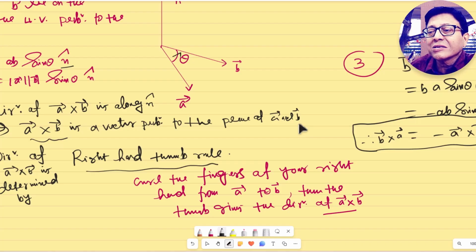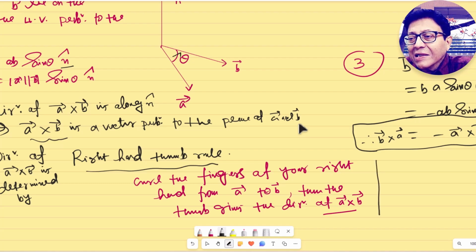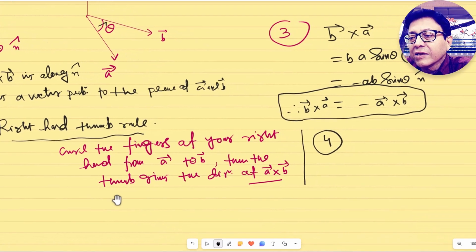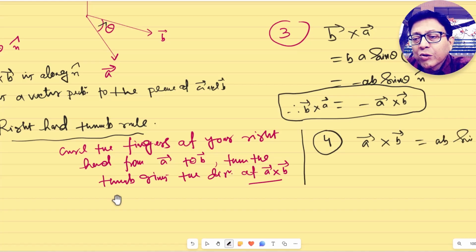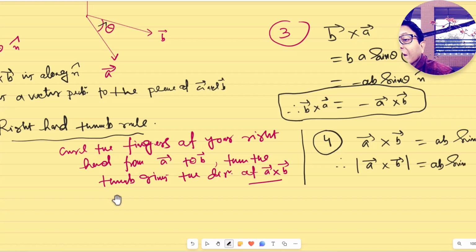So B cross A will be AB sin theta times minus n cap. So this is nothing but minus AB sin theta n cap. This is nothing but minus A cross B. So we got B cross A equal to minus A cross B. Very important observation. B cross A and A cross B are in exactly opposite directions.